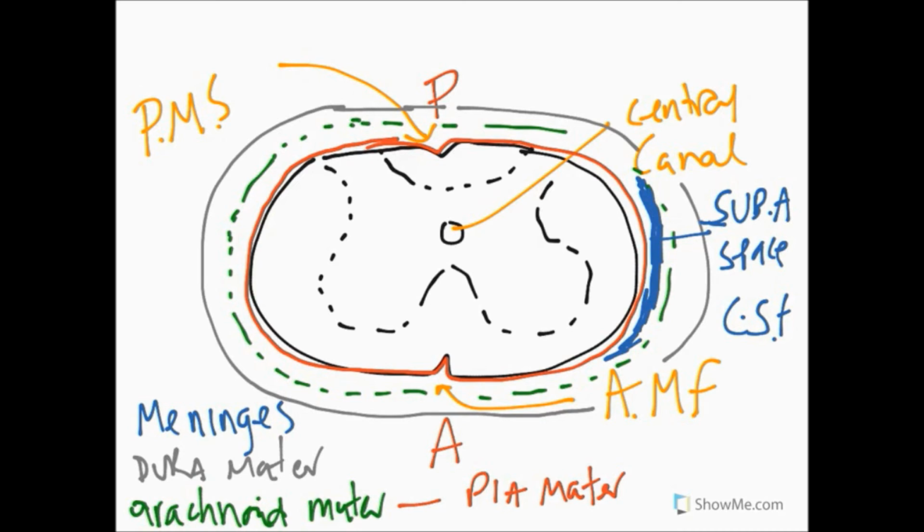A sample can be taken to look for infection, or it can be used to inject antibiotics or other agents, and sometimes anaesthesia as well. Because there is less of a risk below the level of the spinal cord, it makes sense to take a sample or to inject into the subarachnoid space and the CSF below the level of the termination of the spinal cord. Okay, well, I hope that's been useful, and that concludes everything I have to say about the spinal cord.